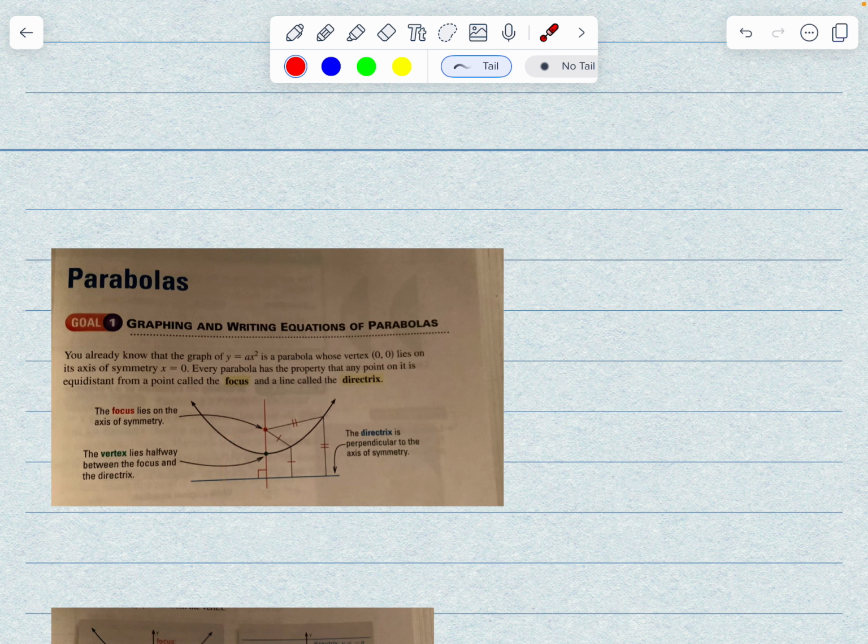A collection of such points forms the parabola. That's why you can see this line. See, if you take this point, the distance from here to here is the same as the distance from here to here. If you take this point, the distance from here to the focus is the same as from here to the directrix. Okay, so if you join all such points, the shape you get is a parabola.